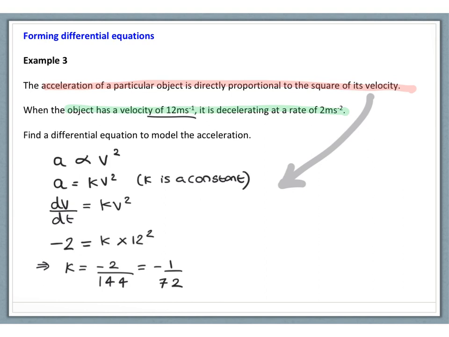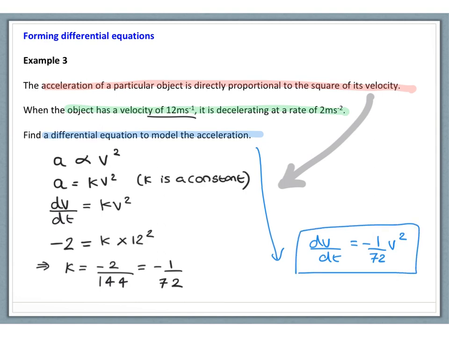This then allows us to form the differential equation. Putting this information together, we can say that dv by dt is equal to -1 over 72 multiplied by v squared, or -v squared over 72.